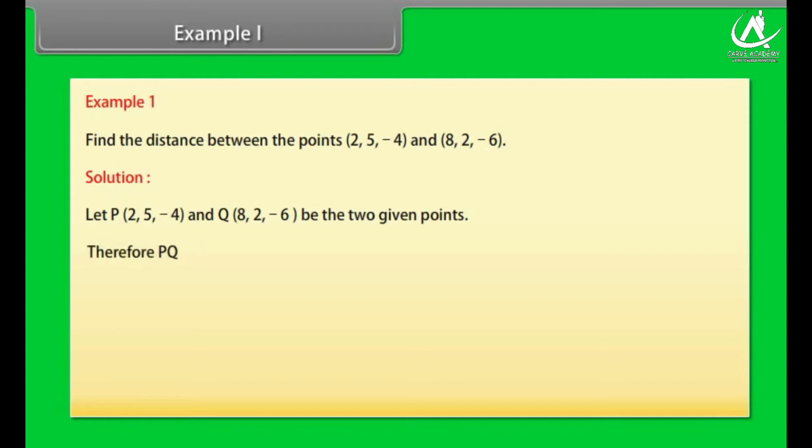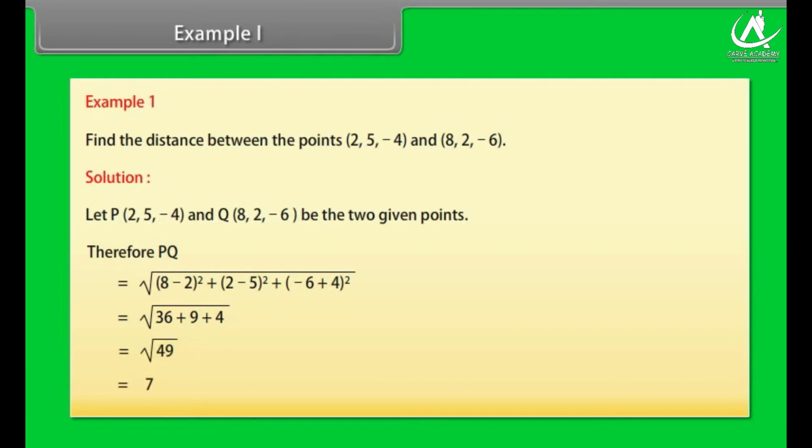Therefore, PQ is equal to square root of (8 minus 2) squared plus (2 minus 5) squared plus (-6 plus 4) squared, which is equal to square root of 36 plus 9 plus 4, which is equal to square root of 49, which is equal to 7.